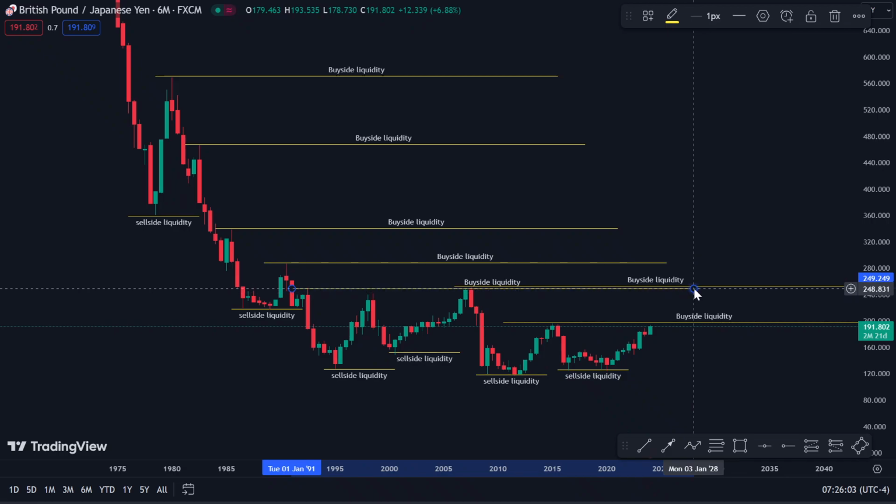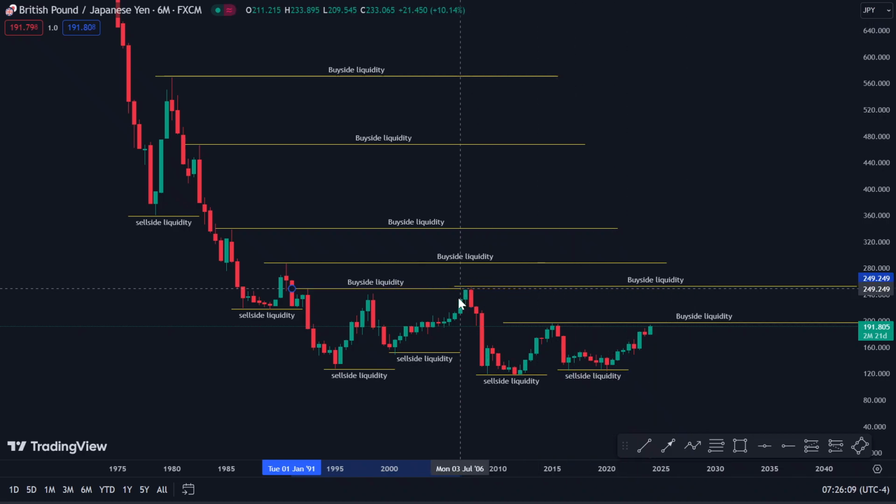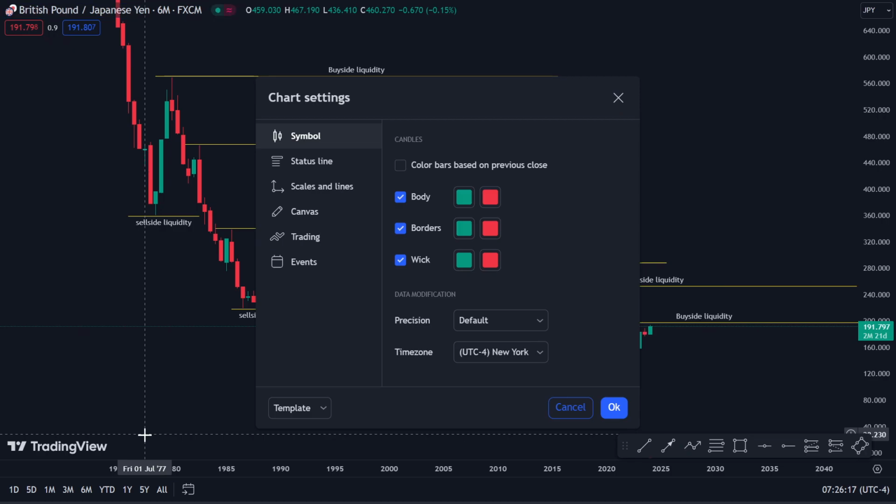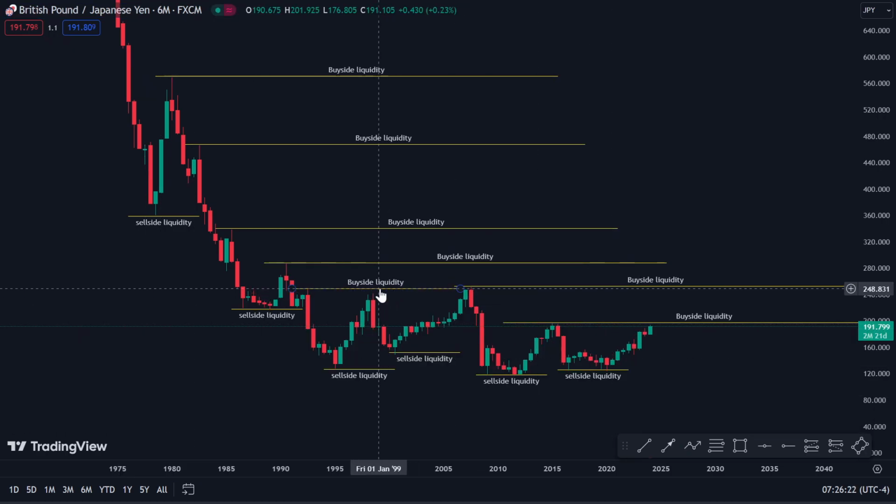I think I'll just reduce the length of this. And we also have another swing high over here.